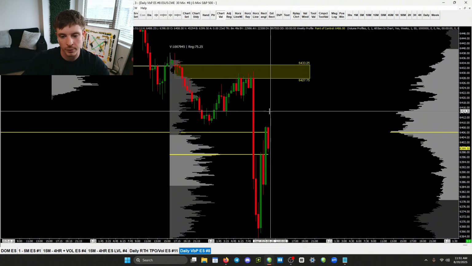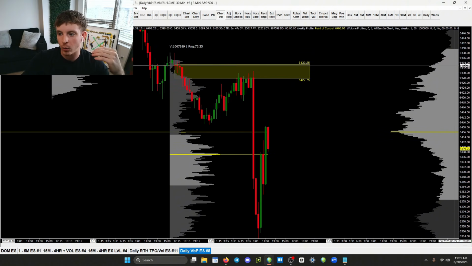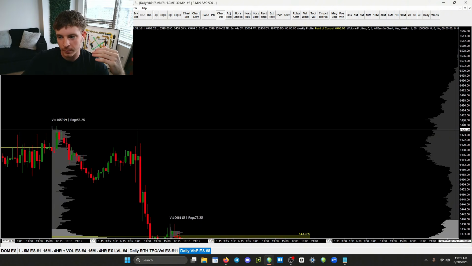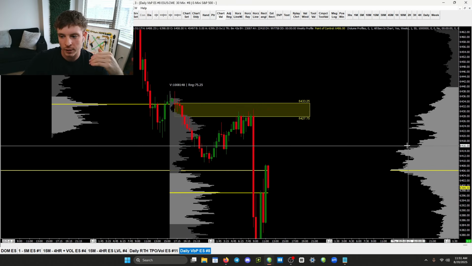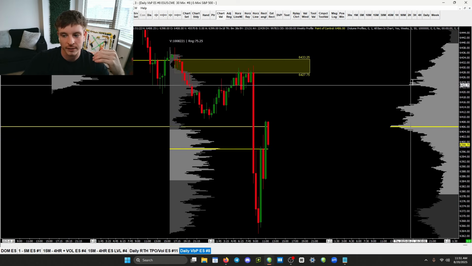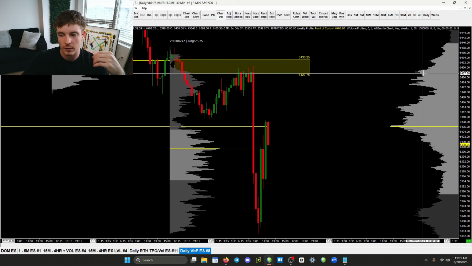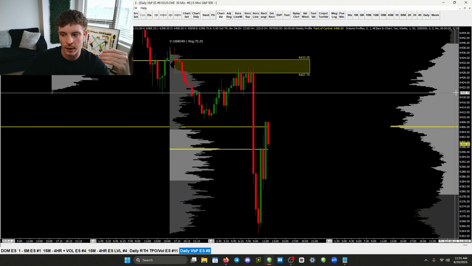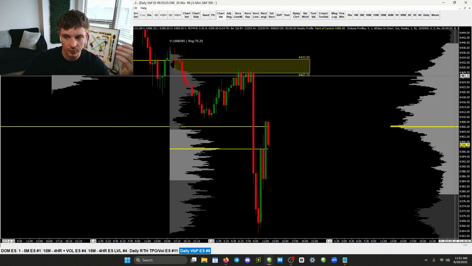So I'm looking at the daily profiles, I'm looking at the key levels. I will also look at the higher time frame, but I'm not really making decisions based off of it as much. I'll use them more as targets than basing decisions off them for the most part.